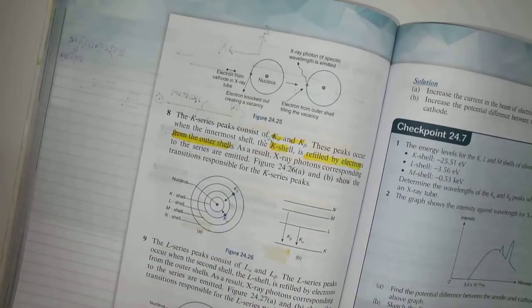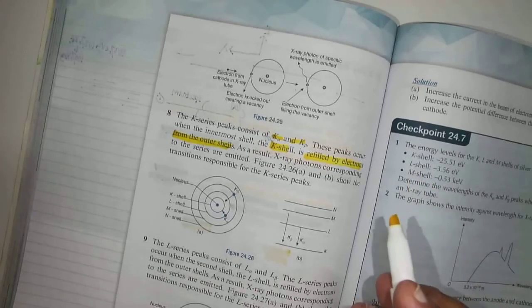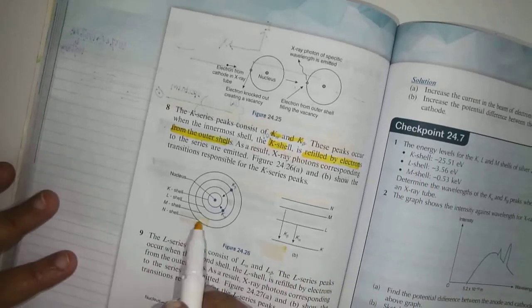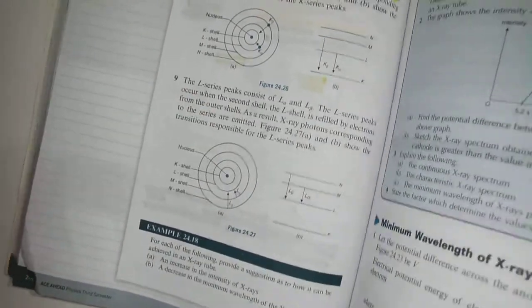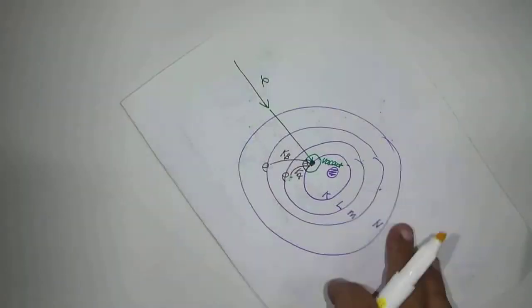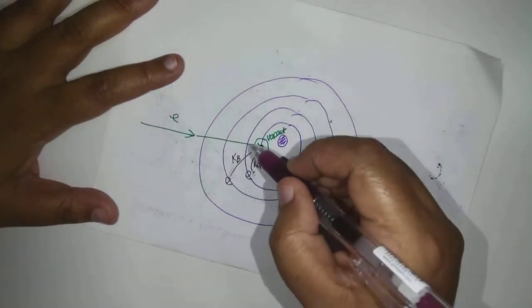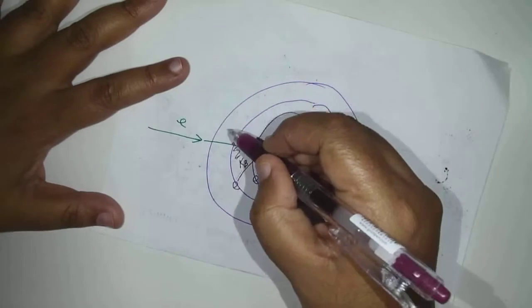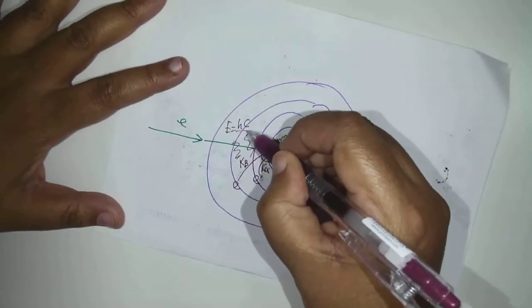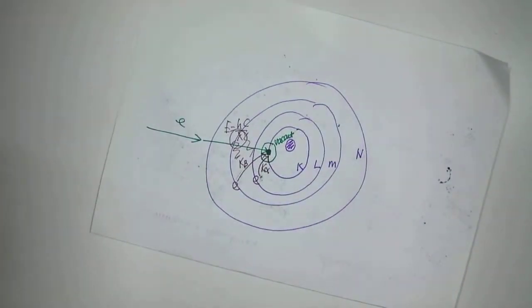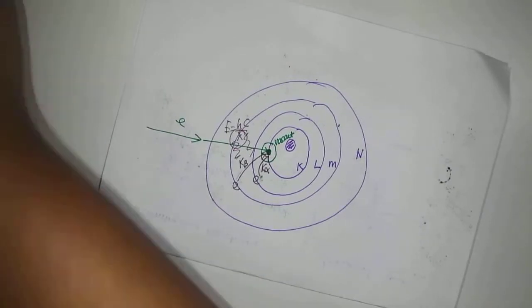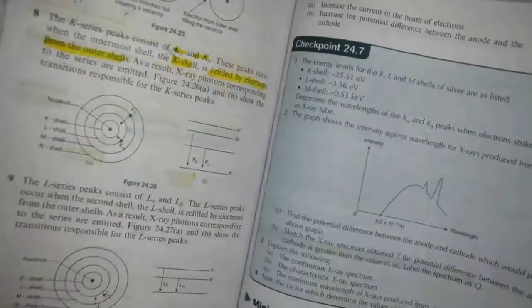As a result, X-ray photons corresponding to the series are emitted. The same goes for the L series. It will produce electromagnetic radiation, which is hc over lambda. This is the lambda of the peak. So that is it, class.